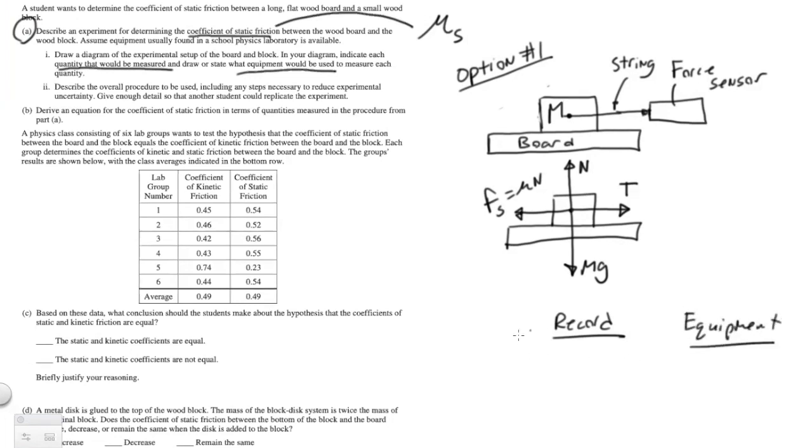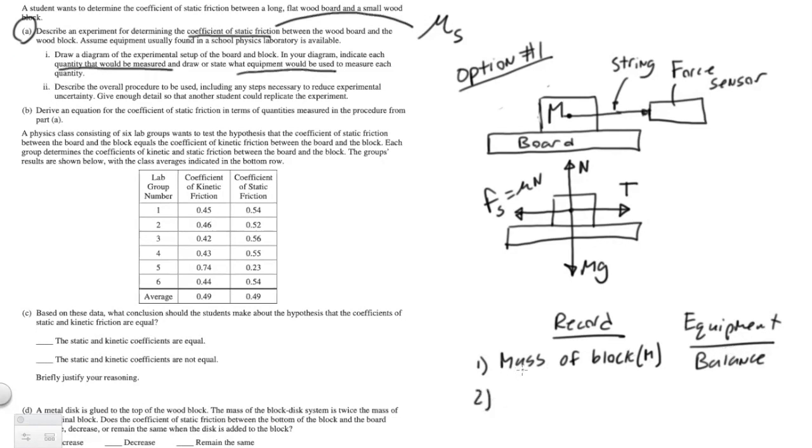Number one, we need the mass of the block, and that's going to be m. And the equipment for doing that, you would just say a balance, or you could specify electronic balance. Most classrooms have an electronic balance.